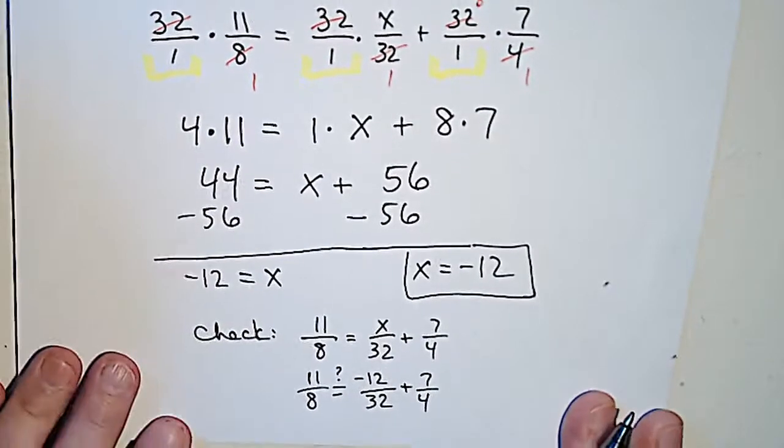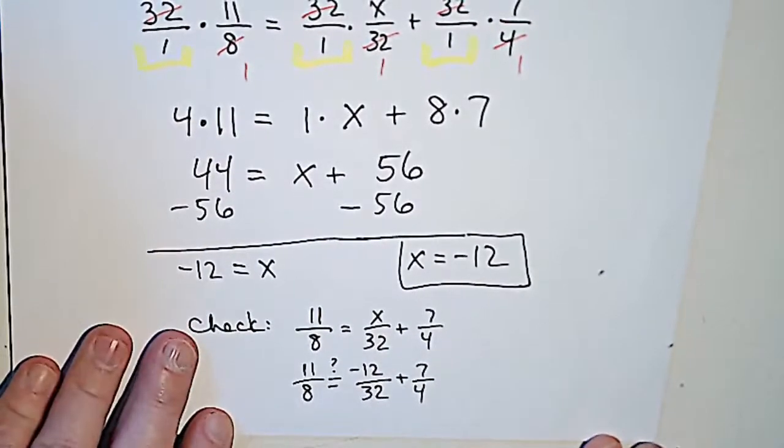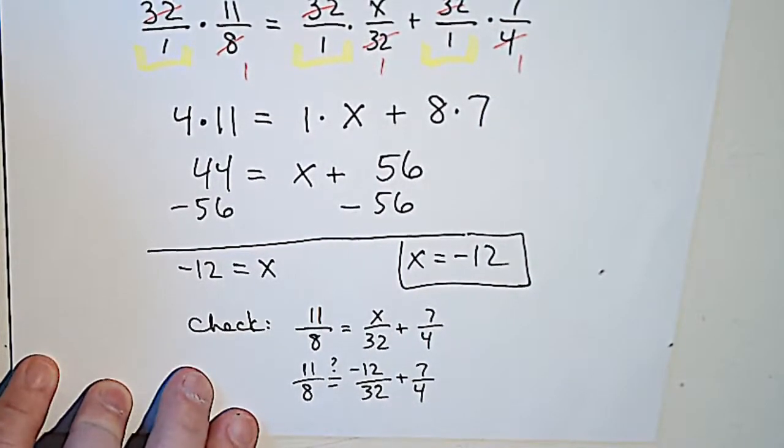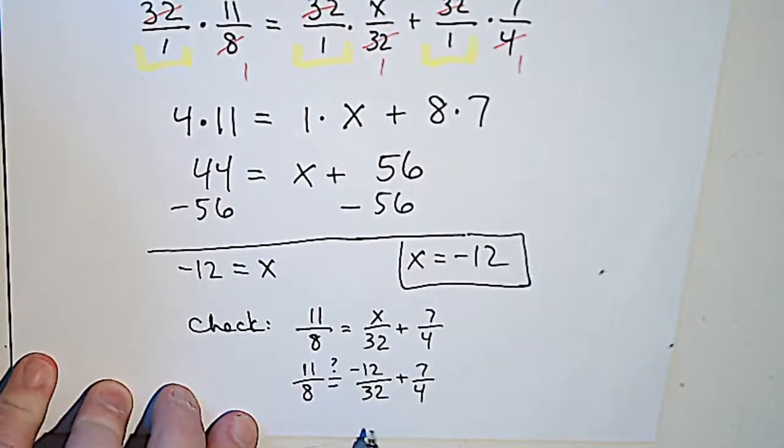So that's our question. These are never fun to check. And I would caution you that a lot of people actually make more mistakes with the check than they do with the regular problem. So just be gentle with yourself, and if this doesn't work out, don't erase everything. Take a break, maybe ask for a teacher's help or a tutor's help.